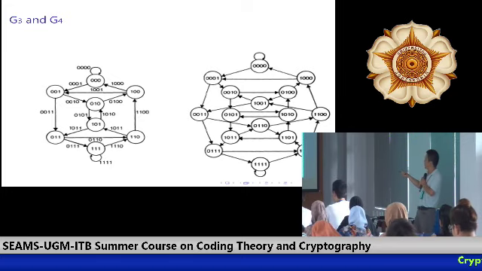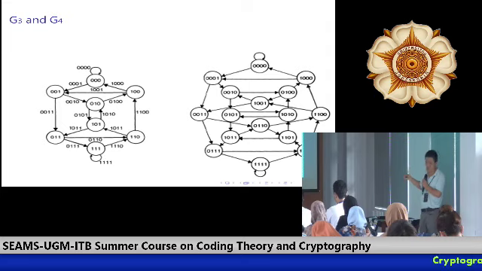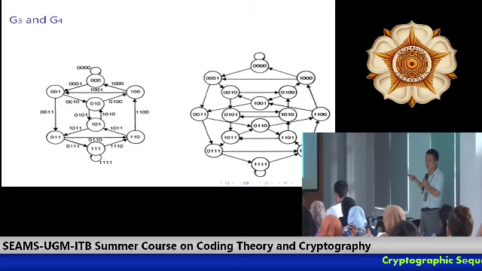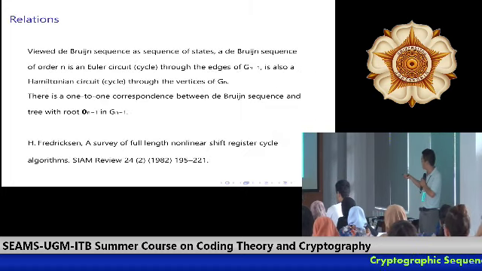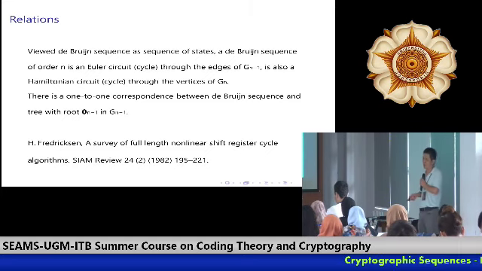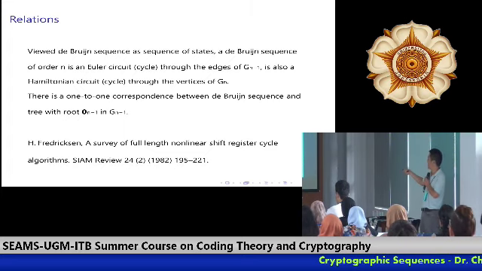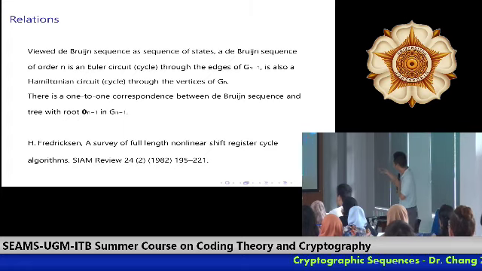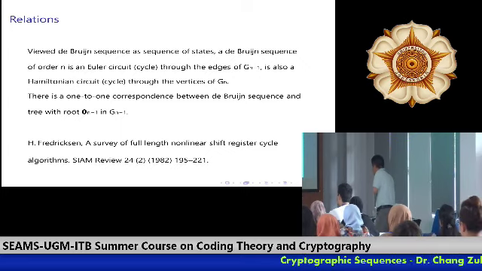If we view the de Bruijn sequence of order n as a sequence of states, it is an Euler cycle of G_{n-1}, and a Hamiltonian cycle of G_n.